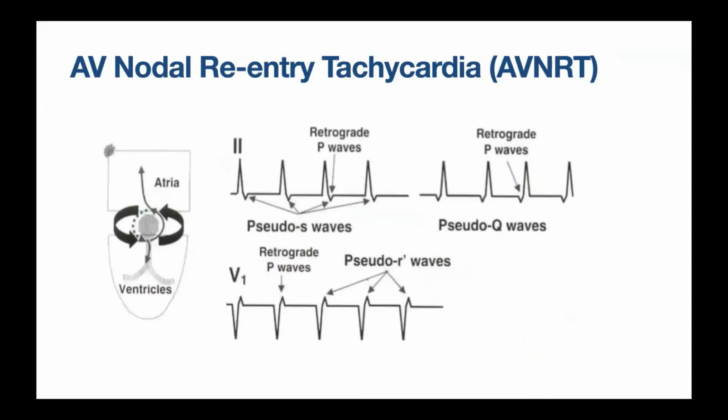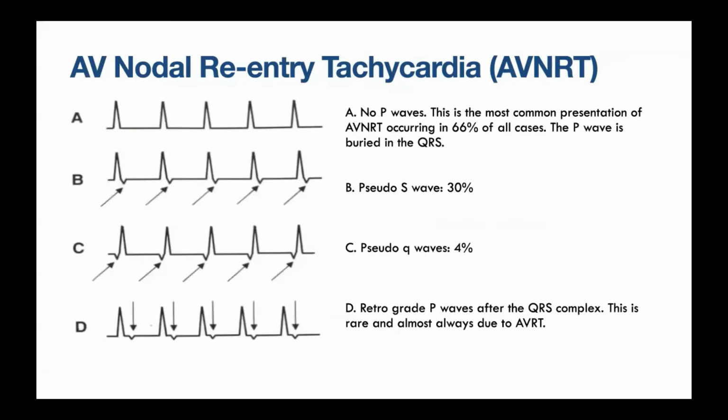So this is what we were explaining here, the similar idea. And this is what we can see in the ECG. You have a pseudo S in the inferior leads, lead 2 and lead 3. You have a pseudo R in V1, which is the retrograde P wave. Sometimes, very rarely, you also have a pseudo Q. So if we arrange it according to how common it is in the ECG, the first is absence of the P wave.